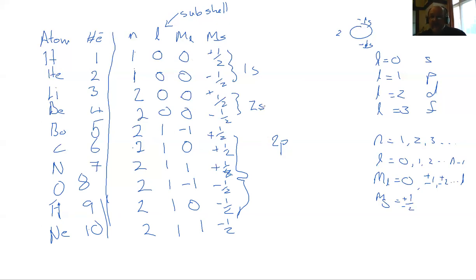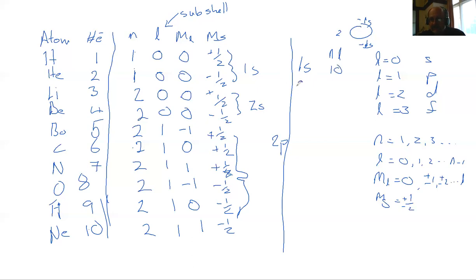So when we're filling shells, they're always trying to fill up the lowest possible energy states. And the way that shells work is they fill up 1s. This is going to be n, L. So we fill up the 1, 0.